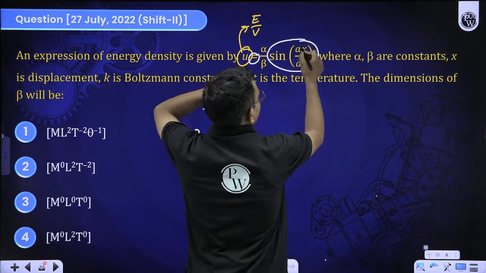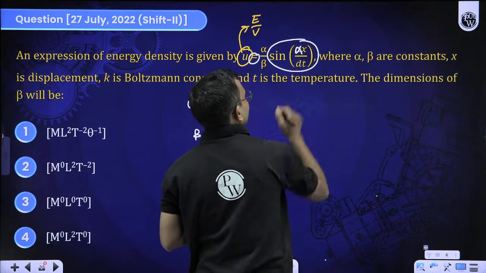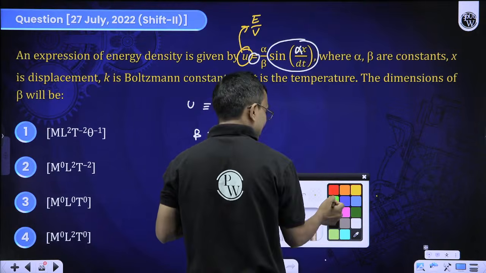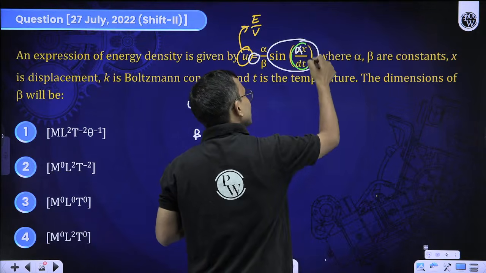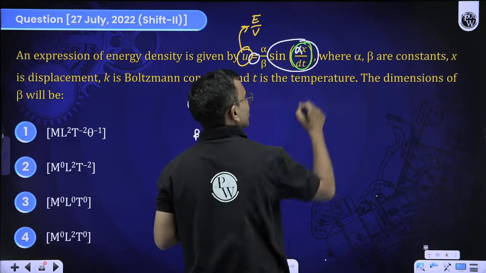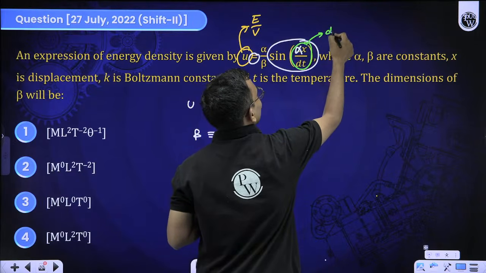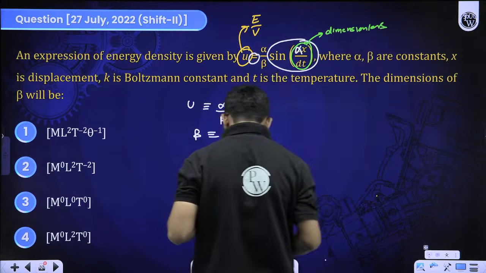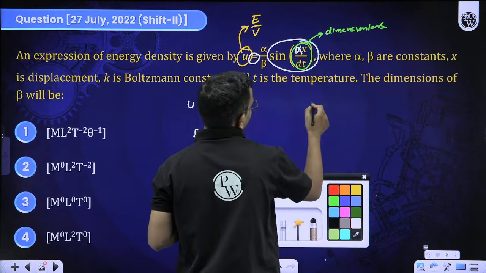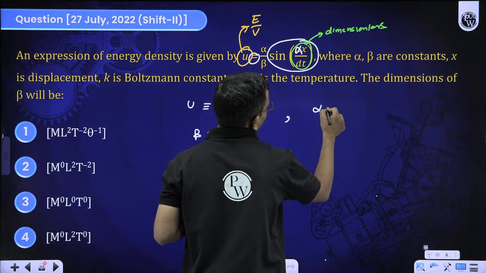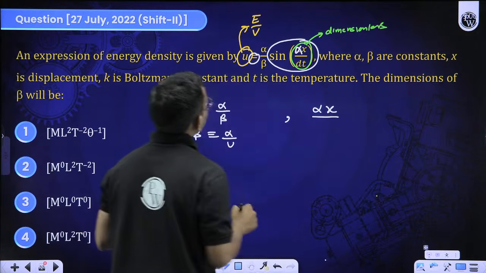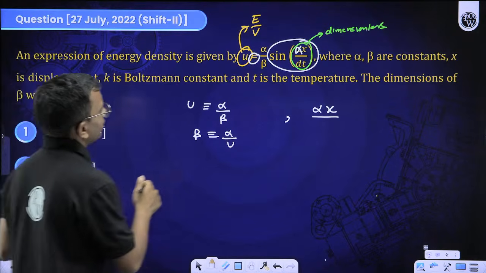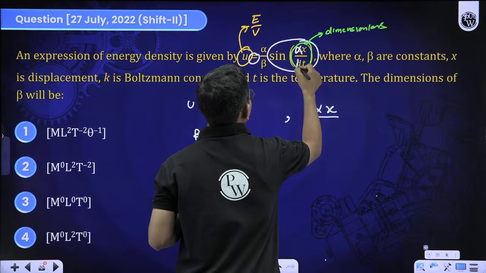Here alpha is there. This is my alpha. This whole thing is dimensionless, and this is also dimensionless. The input of the sine is also dimensionless. So this is also dimensionless. If that is dimensionless, I can say alpha x divided by, I think this should not be d, this should be k.